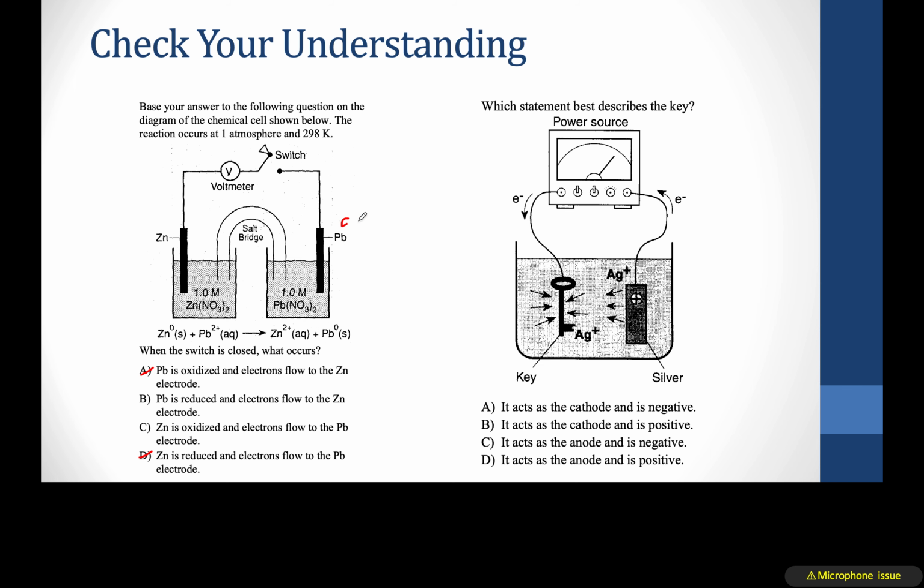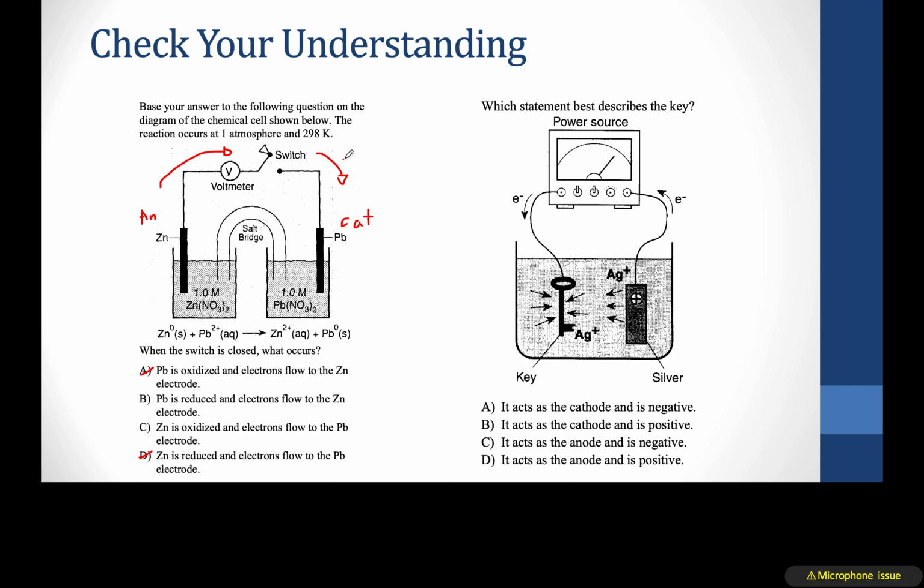And anode is where oxidation happens. So zinc is being oxidized, so this must be the anode. And electrons always flow from the anode to the cathode, so they must be going this way.